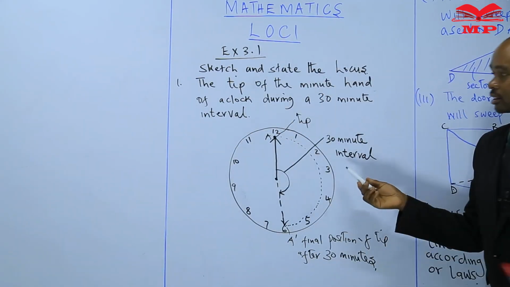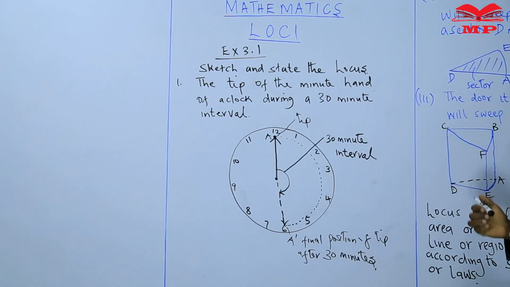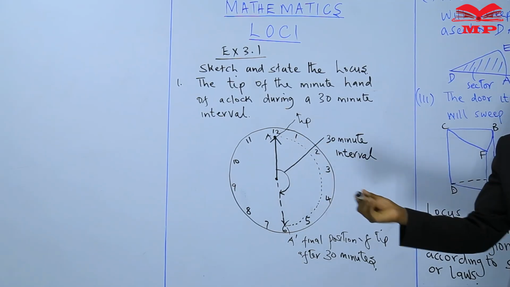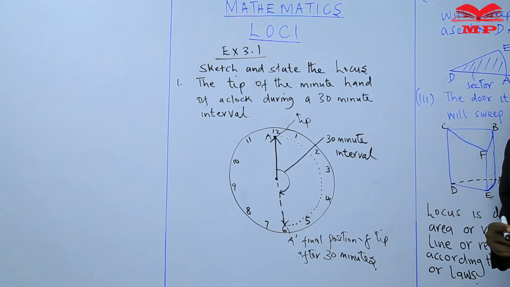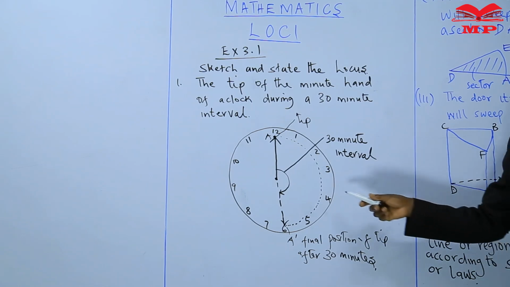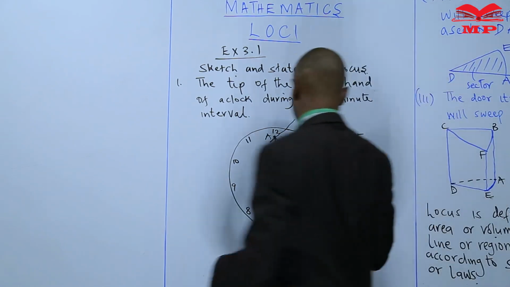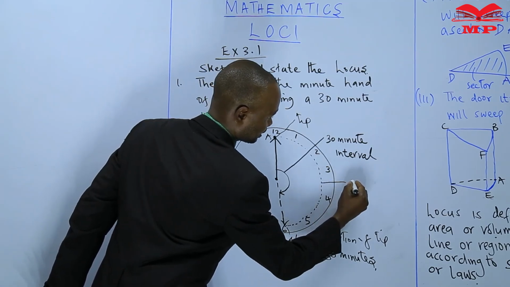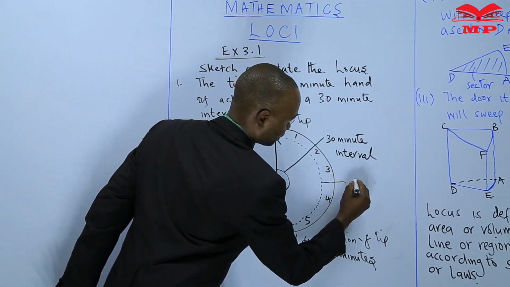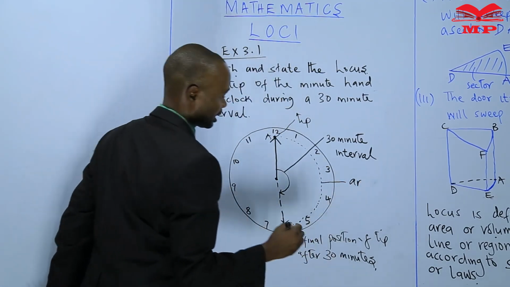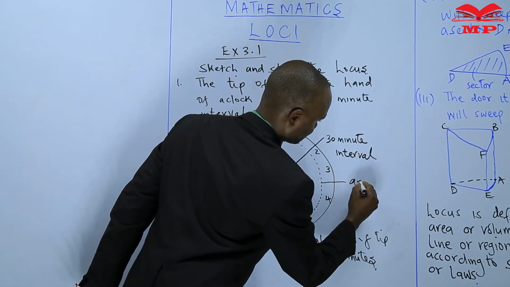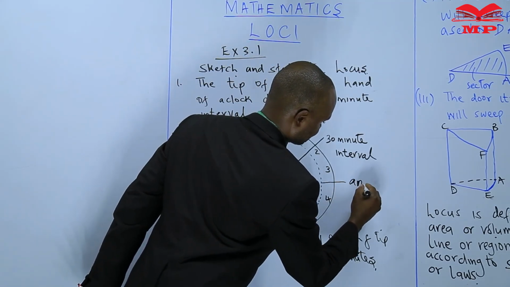So looking at that, you need to be very careful. It was a point, which is a tip, and not actually a line. A line would have given something else. So the trajectory made, this is an arc. It will make what we call an arc.